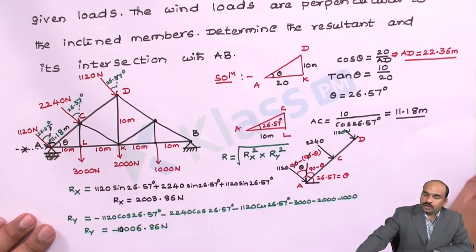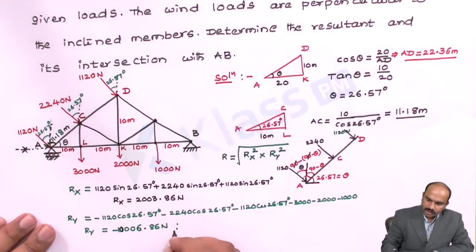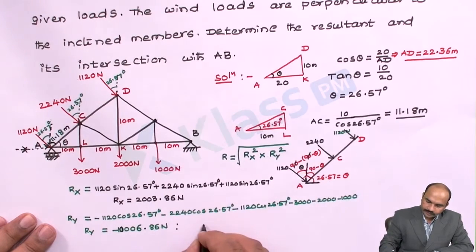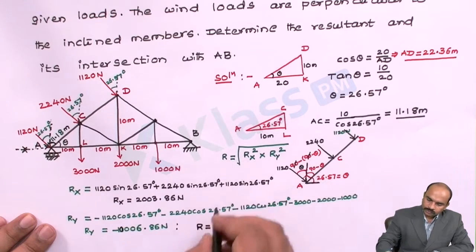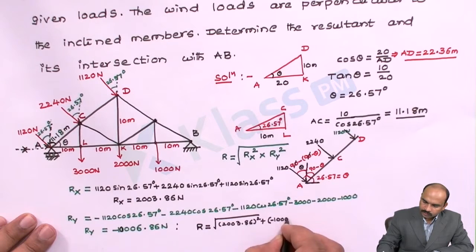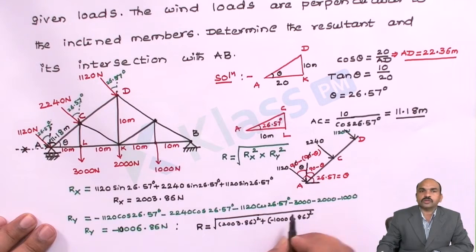Now let us write R equals the square root of Rx, that is 2003.86, whole squared, plus minus 10,006.86, whole squared, under the root.